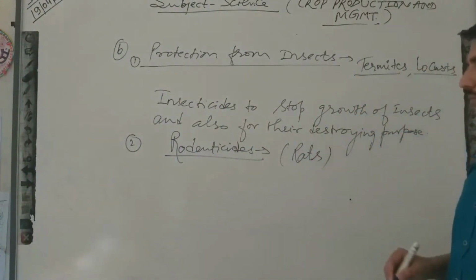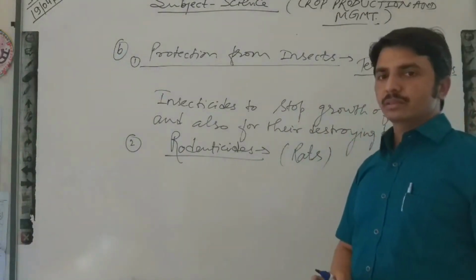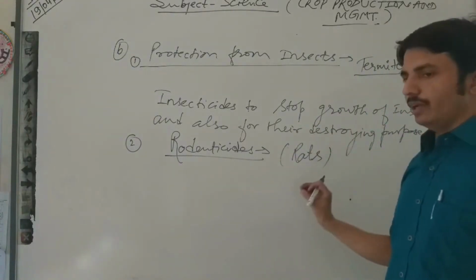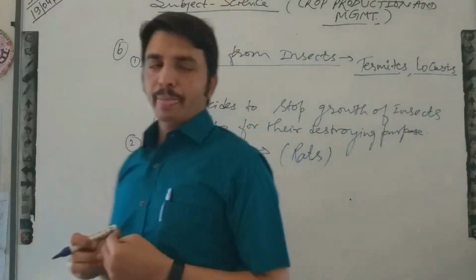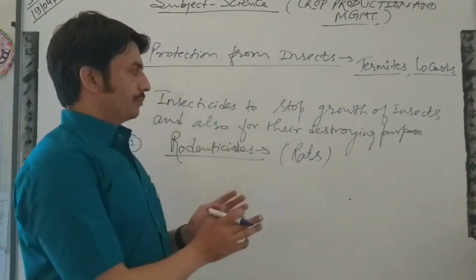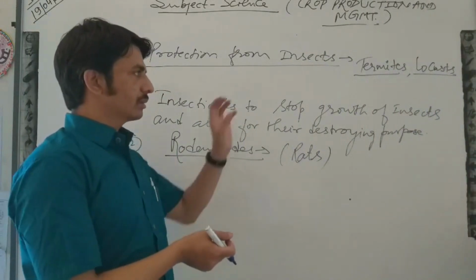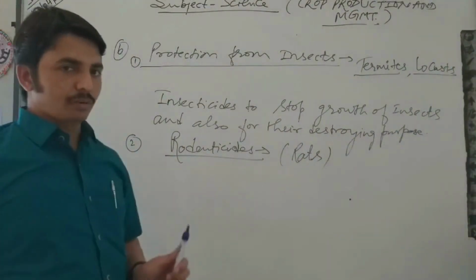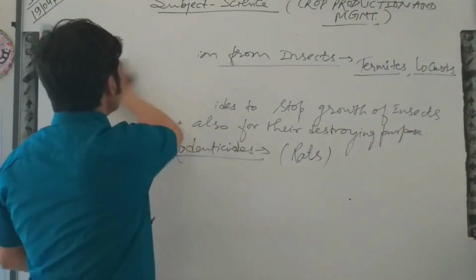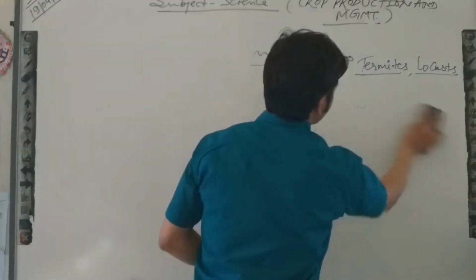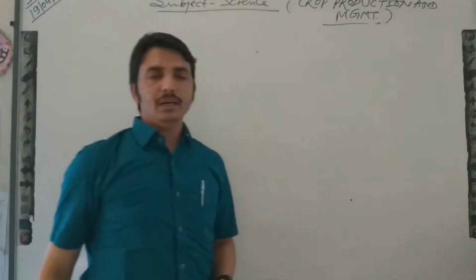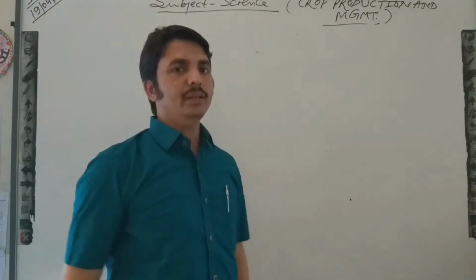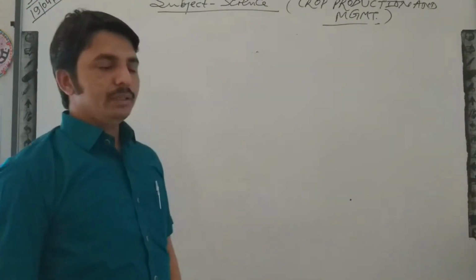So we have to use chemicals by which we can control the growth of rats in the field, and these chemicals will also destroy rats in the field. So these termites, locusts and rats will not harm our crop. These are the methods by which we can save or protect our crop.